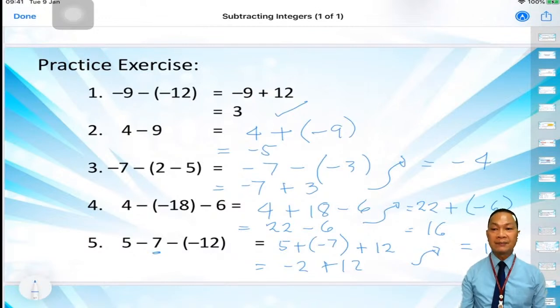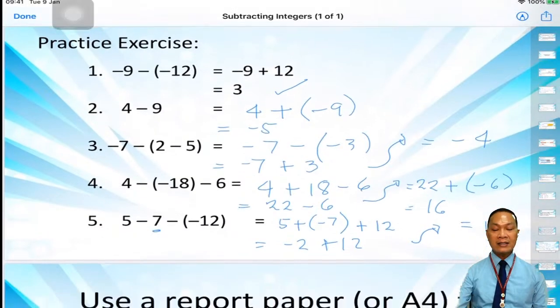Any question? Because let's go to your homework. Okay, no question. Just use the rule to subtract integers. Again, let's summarize.